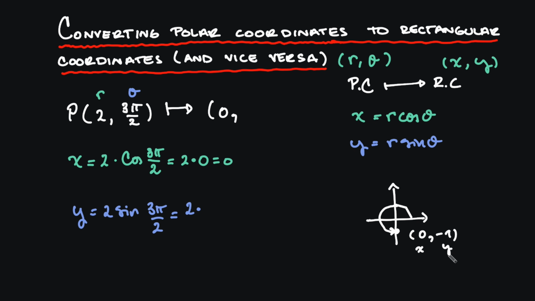Again, we know that x will be equal to r, that in this case is 1, times cosine of 5 pi over 6. Let's find the value for 5 pi over 6. It's around here.